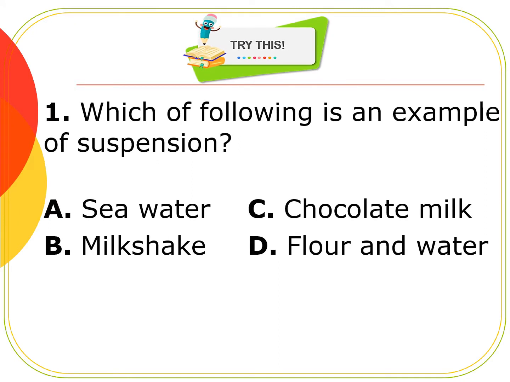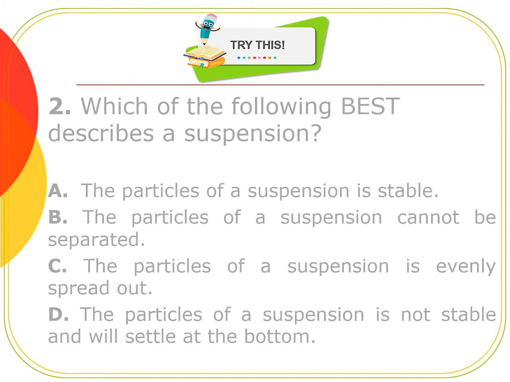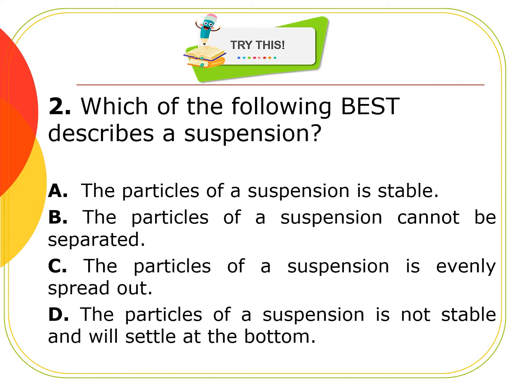Number 1. Which of the following is an example of suspension? A. Seawater. B. Milkshake. C. Chocolate milk. D. Flour and water. Number 2. Which of the following best describes a suspension?